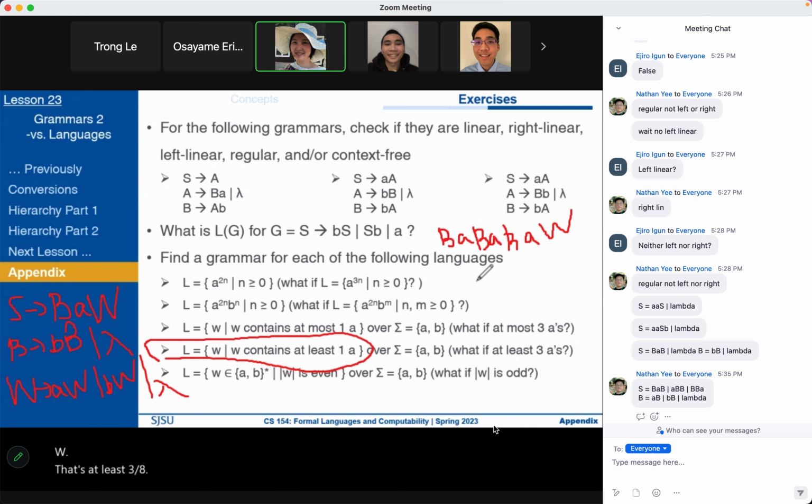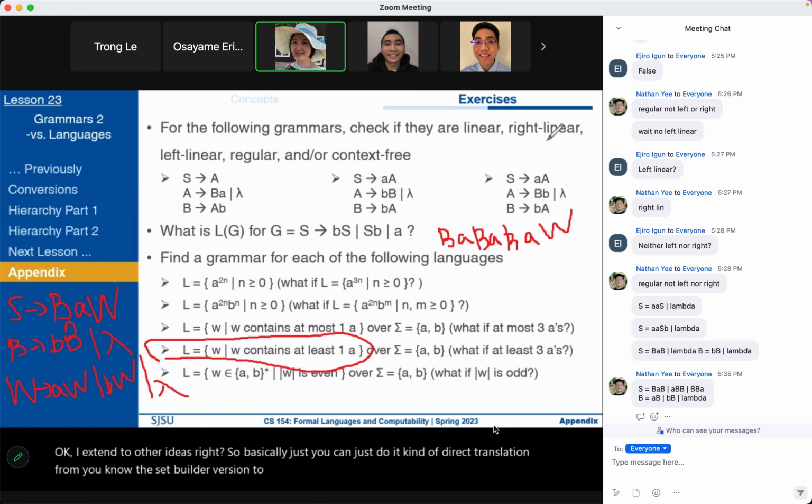And you can just extend the same idea to other cases. So basically, you can do a kind of direct translation from the set builder version to the grammar version.